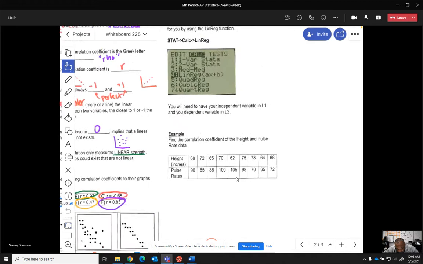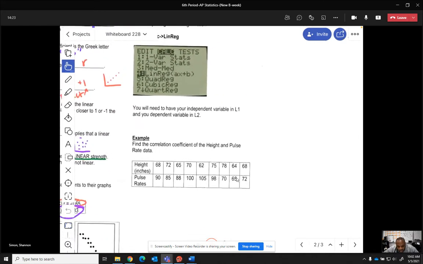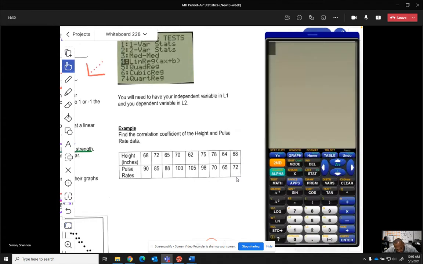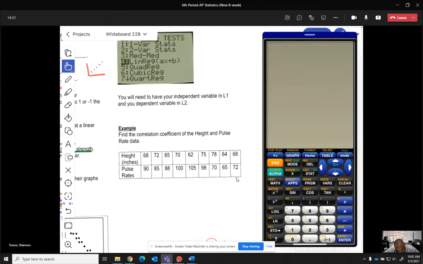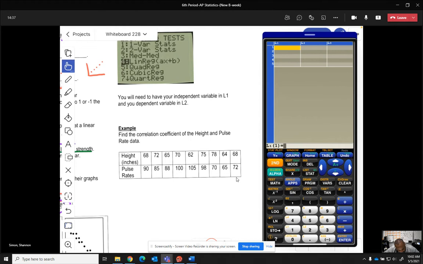Now, we can find the actual correlation using our graphing calculators. To do this, we need to use our lists. You're going to put the data for the x variable in L1 and the y variable in L2. So remember, I press stat and edit. I'm going to type the values into L1, the heights this time: 68, 72, 65, 70, 75, 78, 64, 68.